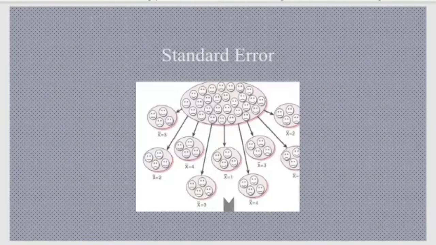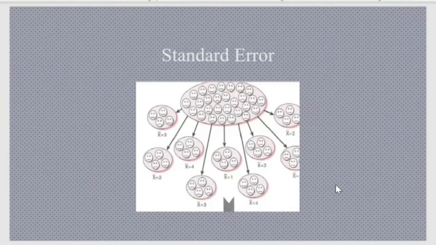Let me explain this, then with standard error and everything you will understand. Suppose this is my population and this is my sample. From a particular population, I can draw many samples, right? It is expected that if I draw many samples, all the samples will have the same mean, but in reality it is not so. The means will differ.